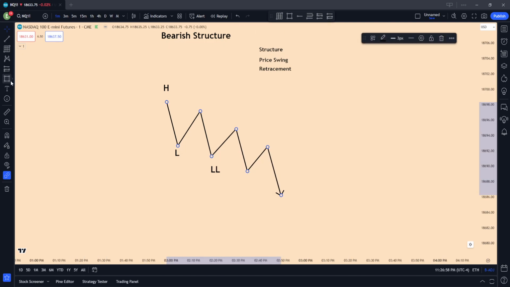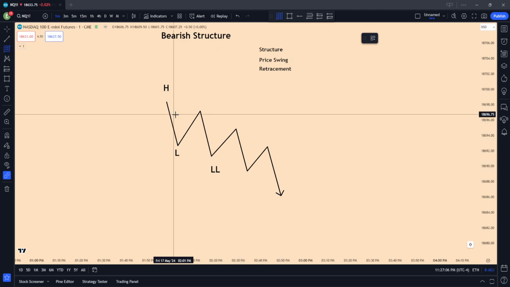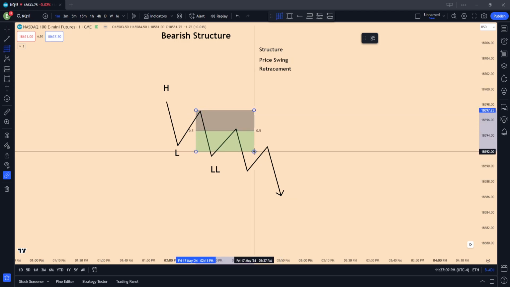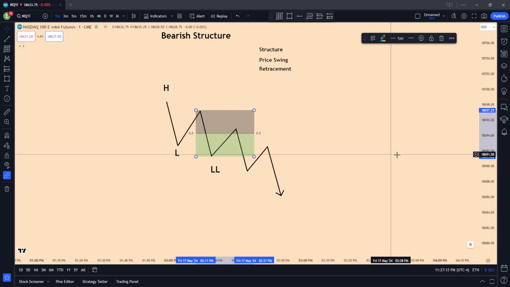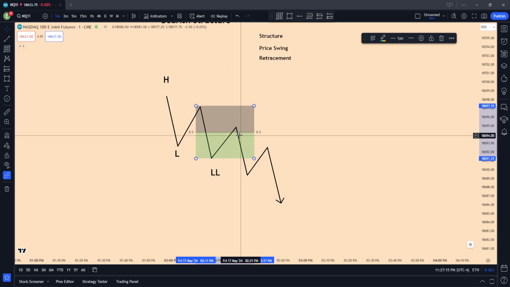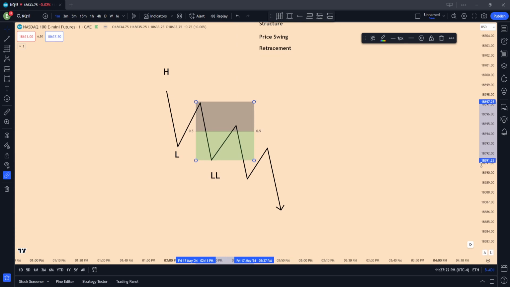So you have to understand, when you have a price swing like this, there's an area from the high to the low that offers liquidity, or it offers opportunities, okay?